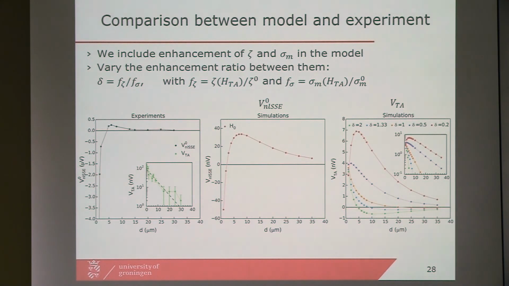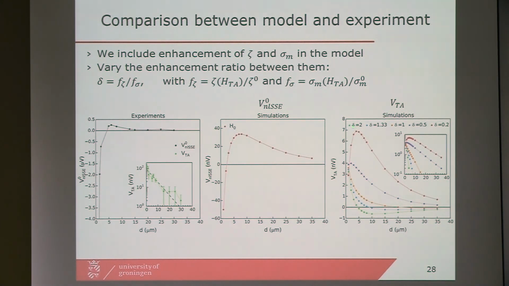By changing delta, you can change the amplitude of your resonance rather strongly. This green curve shows delta equal to 2. You see that at some point it becomes negative, and that's what we do not observe in our experiment. A negative amplitude at large distance would mean also a peak at large distance.